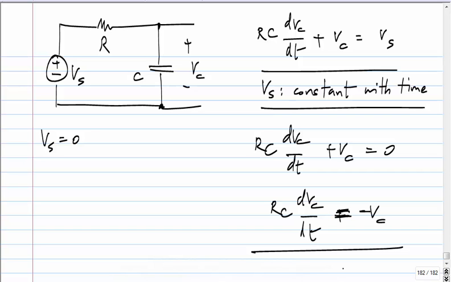Okay. So I don't think I have to go through this. Obviously, Vc of t is exponential. What is inside the exponential? Yeah. If you try this with t times alpha, you will find that it has to be minus 1 by RC. Right?